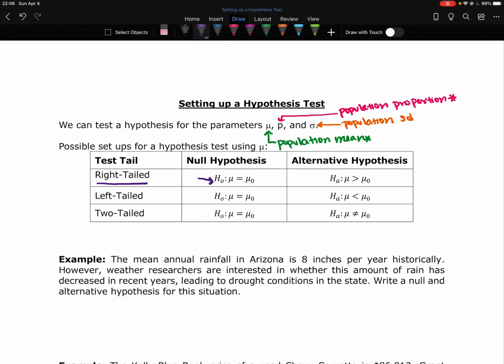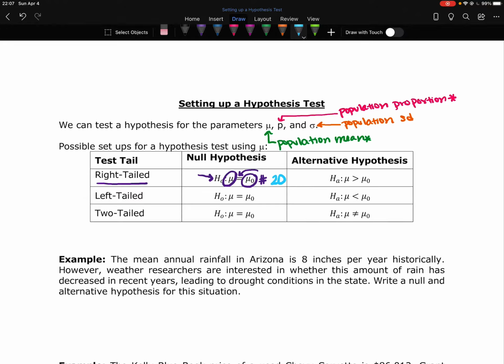And then we have whatever the parameter is that we're testing. So we are testing the mean. And then we're always going to assume that it's equal to some number. This mu naught here means some number. And in this case, I would be saying that the mean is the mean age, and I'm going to start out by assuming that that mean age is equal to 20, because that's what this paper found.